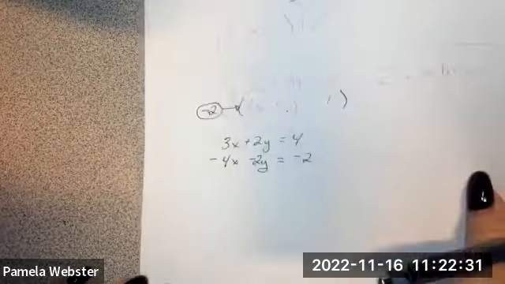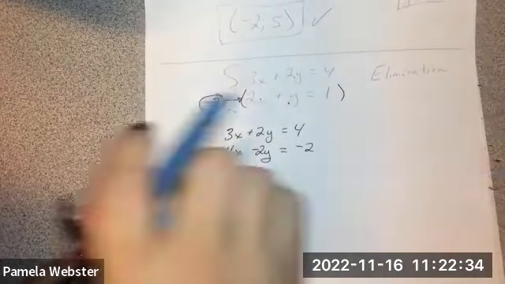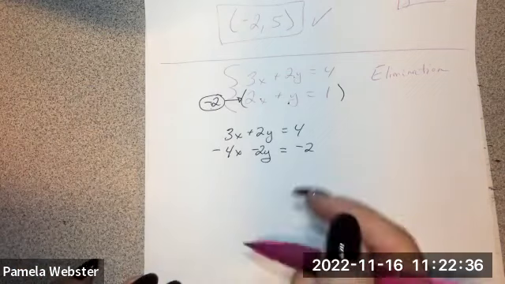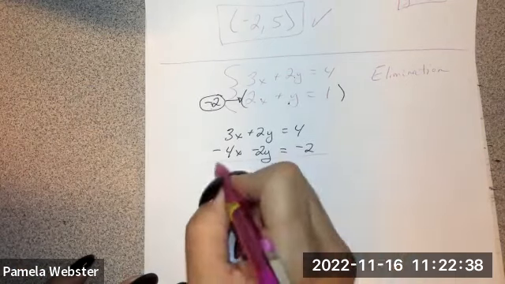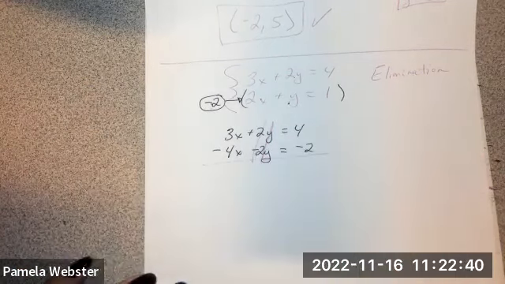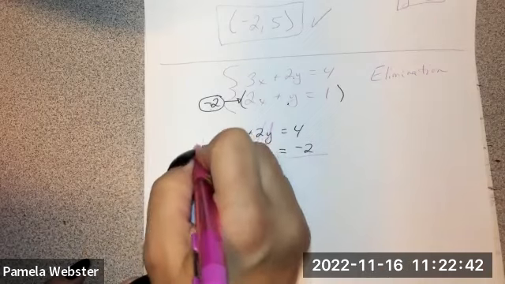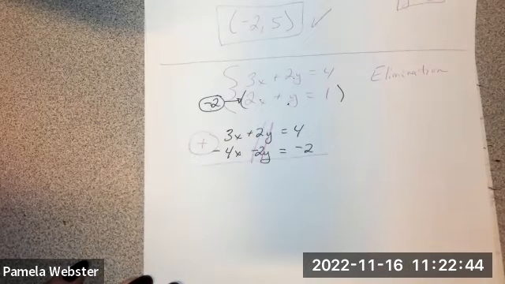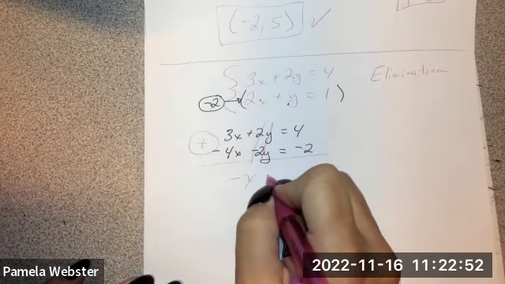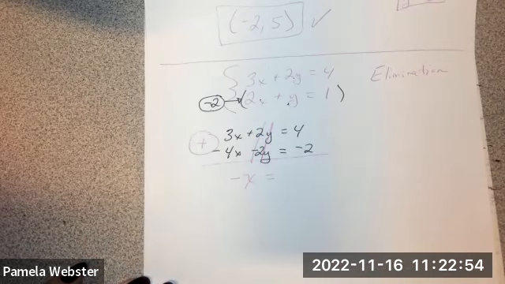And the idea is, if I did it right, if I picked the right number to multiply this second equation by, then these guys will go away, right? When I add these, I'm going to add the 2 equations. When I add them, then that y, the 2y and negative 2y, those go away. So 3x plus a negative 4x is a negative x is equal to.